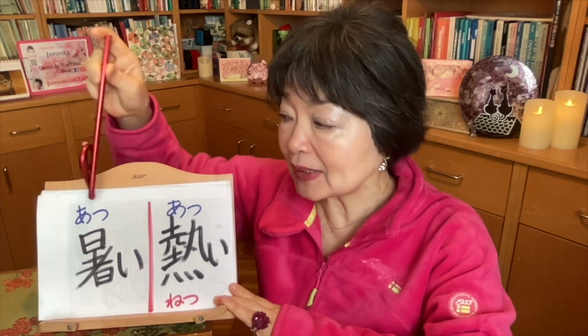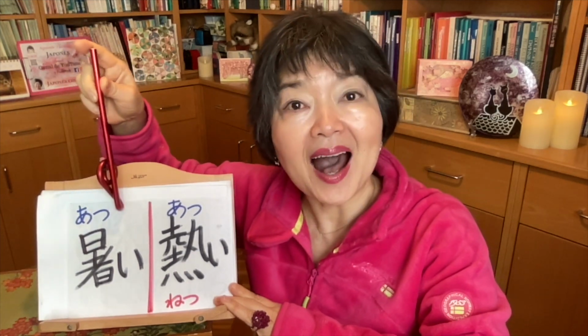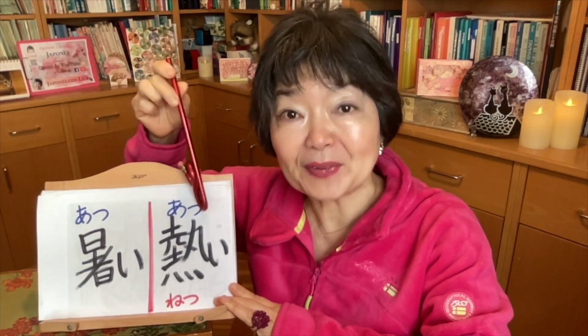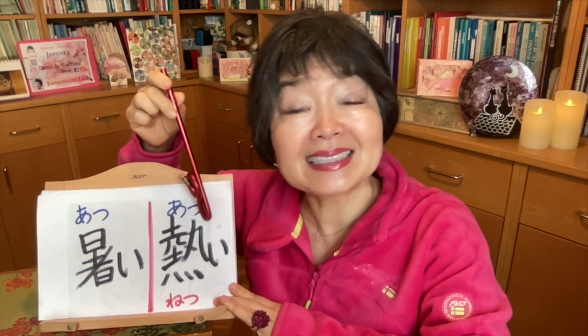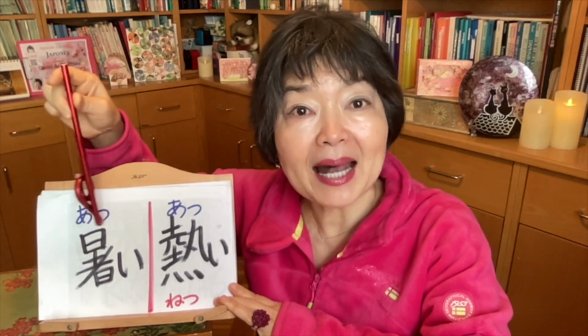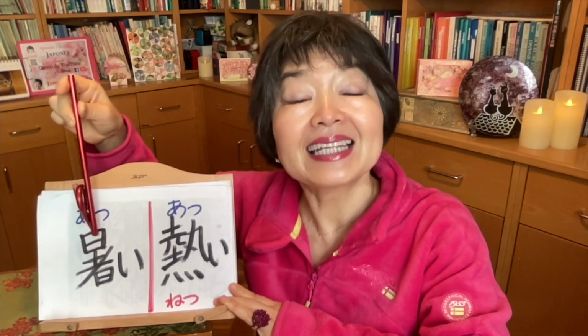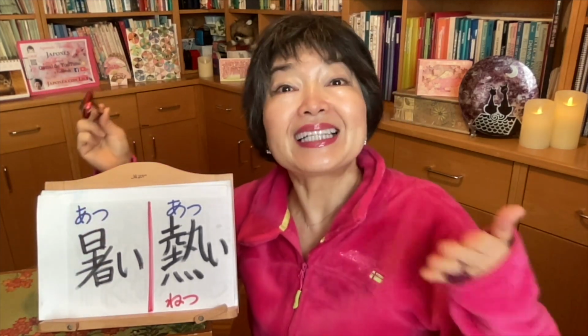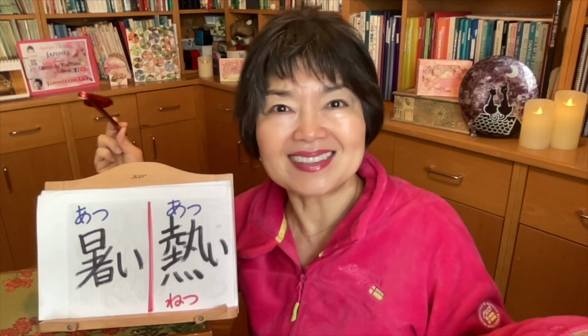In this case, the adjective that I'm gonna use is this one, 暑い, hot. But here, this one is also 暑い, different kanji, and the meaning is a little bit different. This 暑い, you see here, this part is the kanji of 日, the day. So 暑い, this is the weather, the day. So 暑い, it's hot.